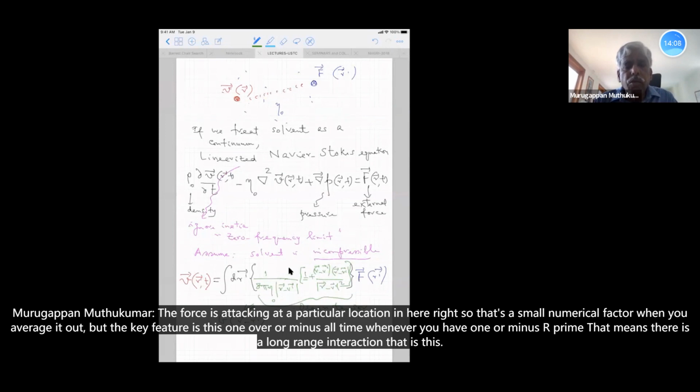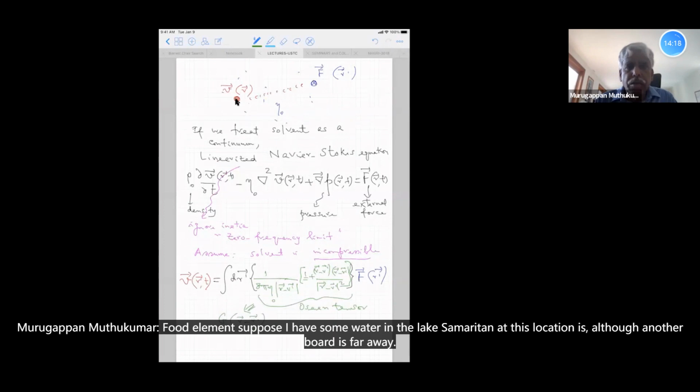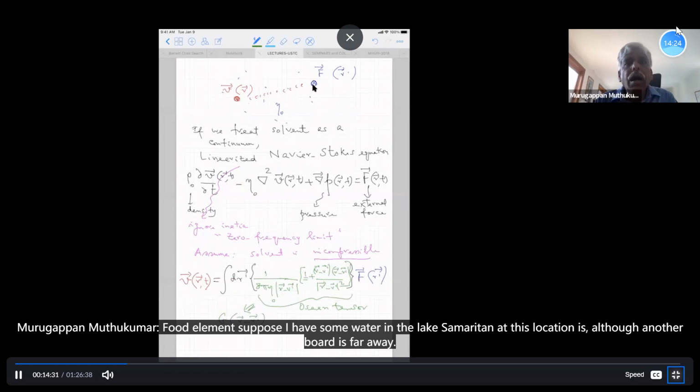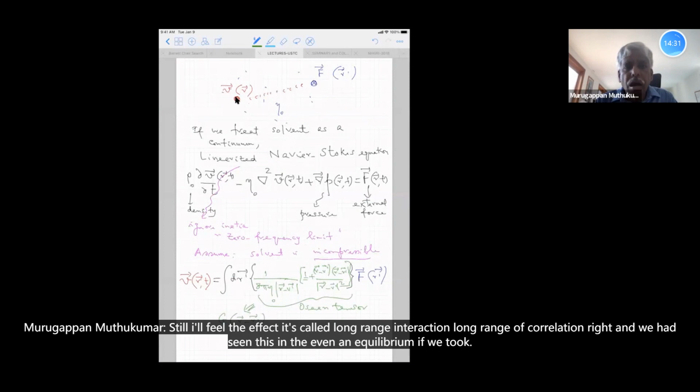Whenever you have 1 over R minus R prime, that means there is a long-range interaction. Suppose I have a boat in this lake at this location, although another boat is far away, I will still feel the effect. It's called a long-range interaction, long-range correlation.